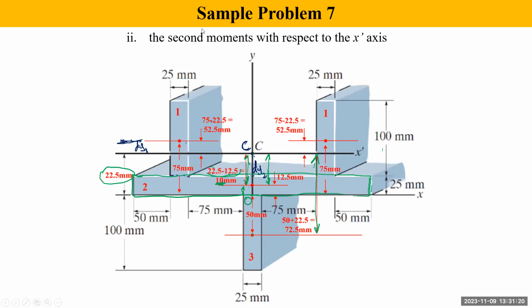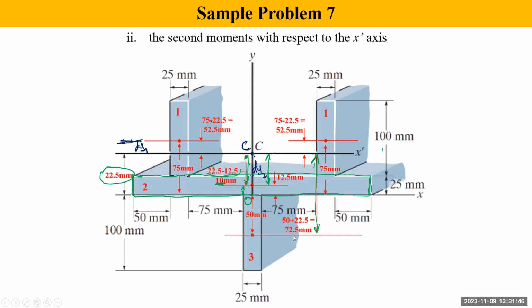Having done that, let me go again. Having done that, you would have got your distance from the center of the figure up to C. That will give you your total value there, 72.5 millimeter for that distance down to here.